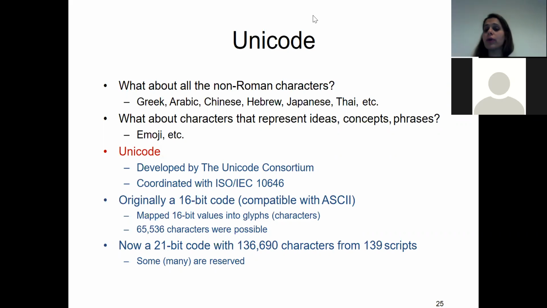So they said, okay, why don't we come up with a new table, with a new code? They came up with Unicode, and the variety in that code has options of 136,690 characters. You can see that one was 128. This one has more options.